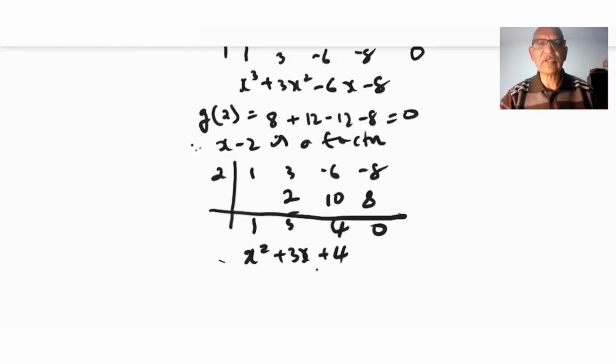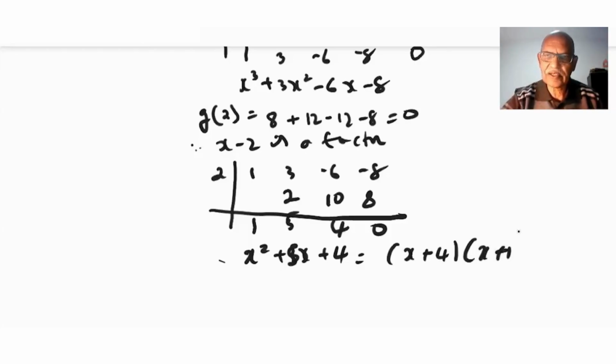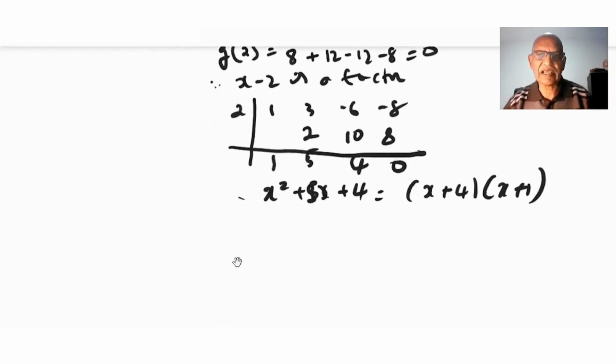So what numbers can I have here now? X squared plus 5x. The product is 4, the sum is 5, so this should be 4 and 1. X plus 4 and x plus 1. So now it's completely factored. Completely factored means I had already x plus 1, and now I have another x plus 1.